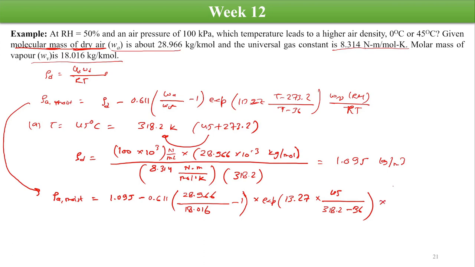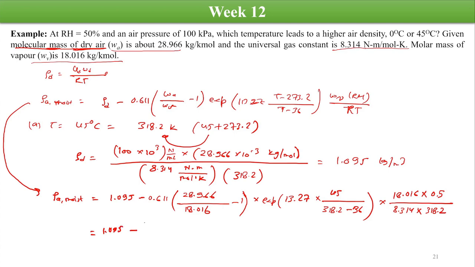And outside will again have WV, so it is given as 18.016 multiplied by relative humidity 50%, so 0.5, and the gas constant 8.314, that will multiply by the temperature 318.2.